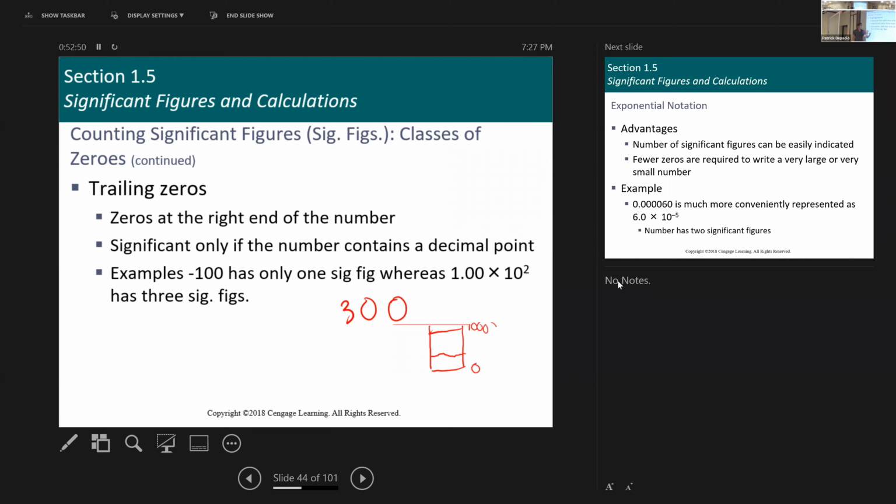The only thing I can do is make this an estimated, uncertain digit of 3. So I'm going, all right, about 300. The other numbers are not significant. Putting this into scientific notation, it would be 3 times 10 to the 2. And it would only have one significant figure, only the 3, not the zeros. Make sense?